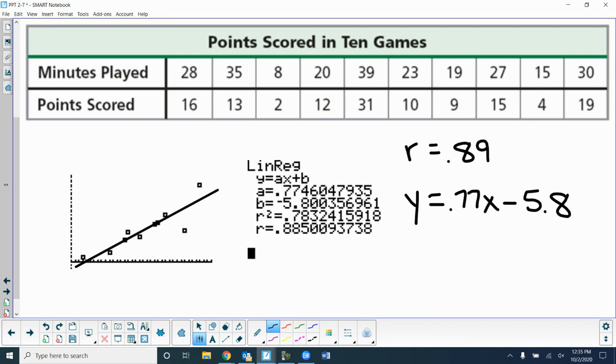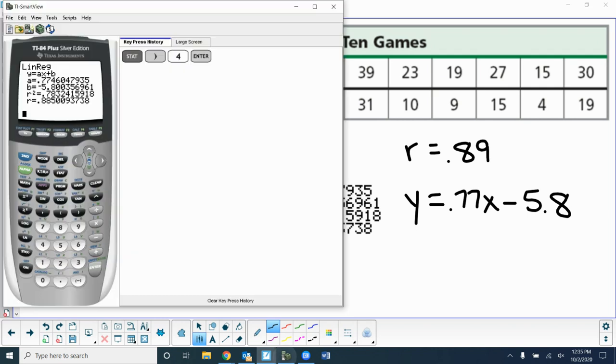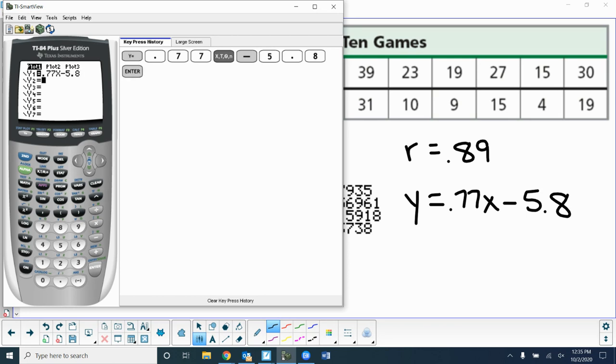Now, what I want you to do is hit your Y equals button, right up here. And type this in: 0.77, so here's your decimal point down here, 77. The X is right up here next to the alpha button. Minus 5.8. Hit enter.